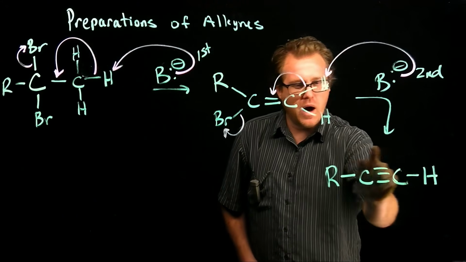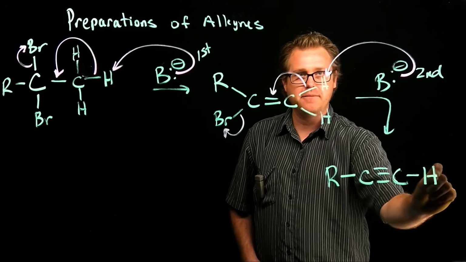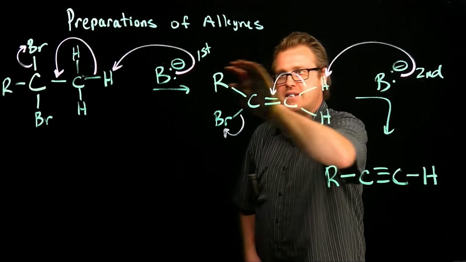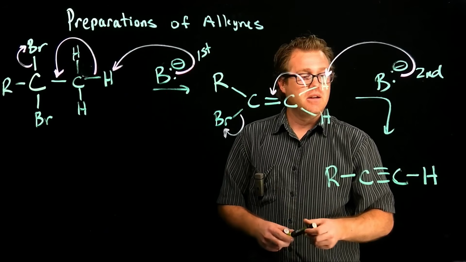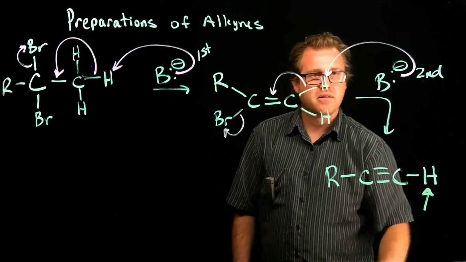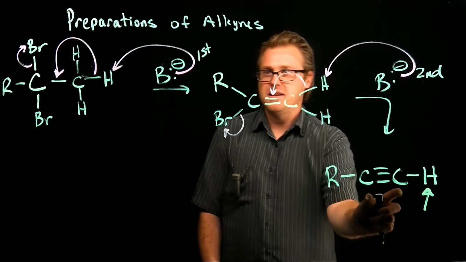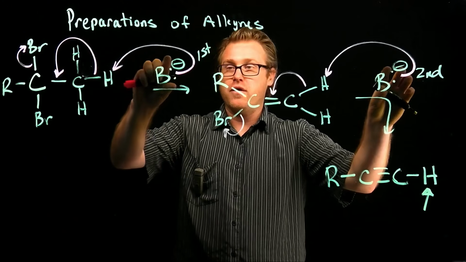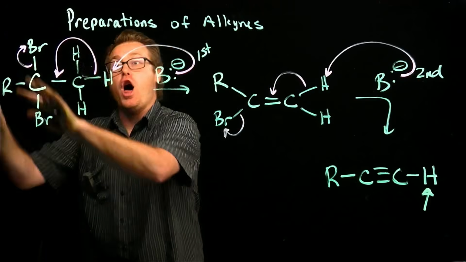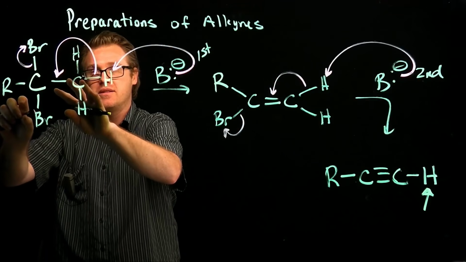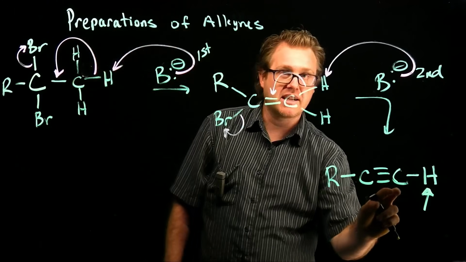If we form one terminal alkyne right here, okay, and after we've used these bases, there's still going to be a lot of base left over, right? That's acidic. And so once you form this, the 2 equivalents of base that are meant to react with all the other dialkyl halides are going to be used up because of this guy.